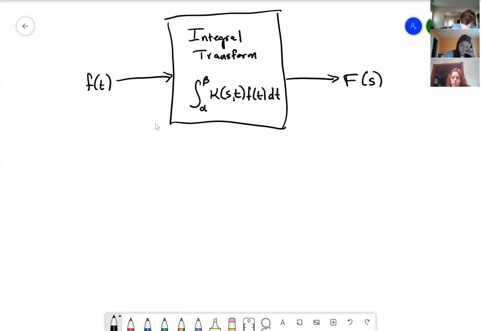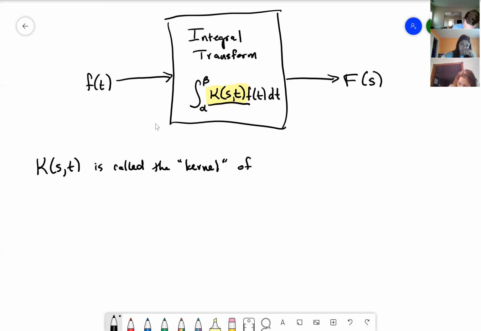This function K, I'm describing things in generality right now, but the specific thing that we're going to talk about is the Laplace transform. So in general, this function K(s,t) is called the kernel of the transform.